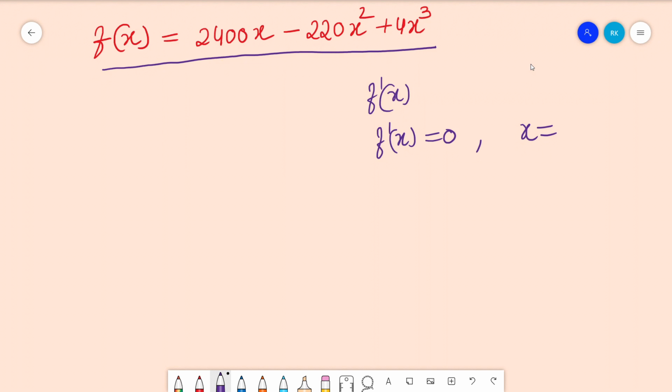To get the maximum value, we have to find f double dash x, that is second order differentiation of the given function. If f double dash x is negative, that is less than 0, we conclude that x is maximum.